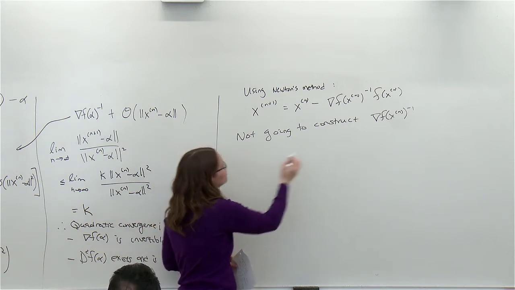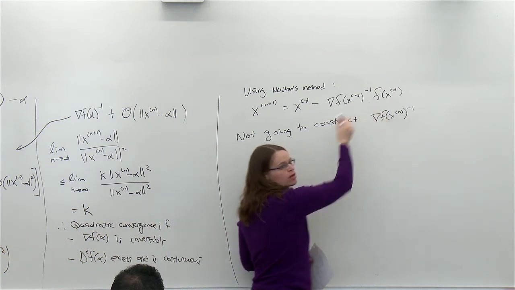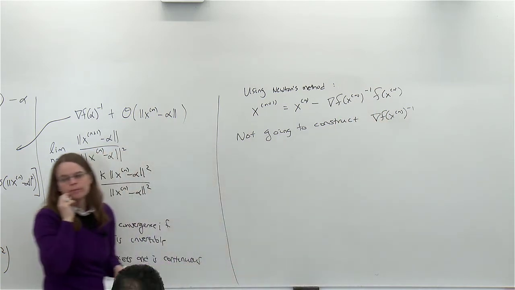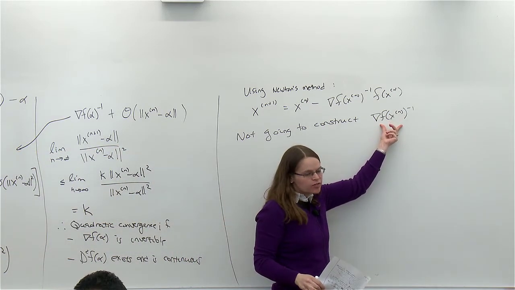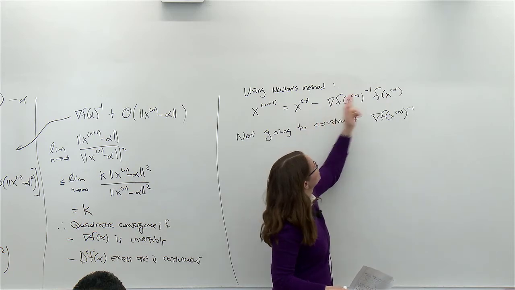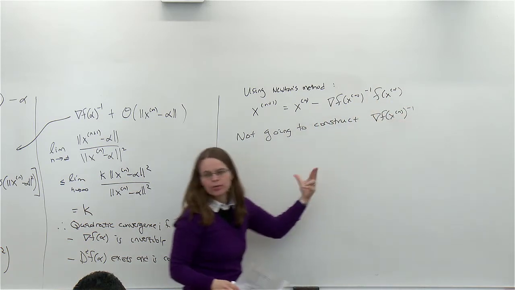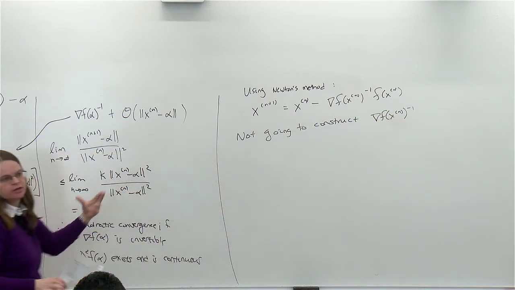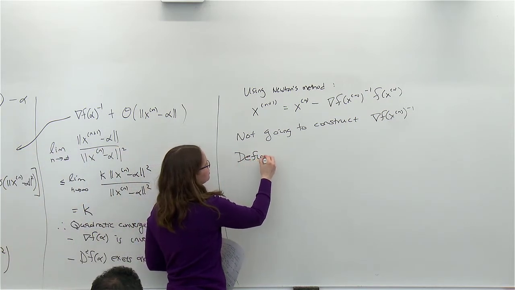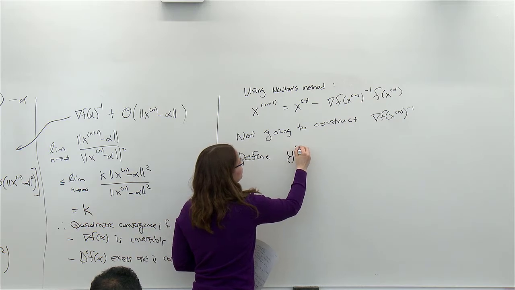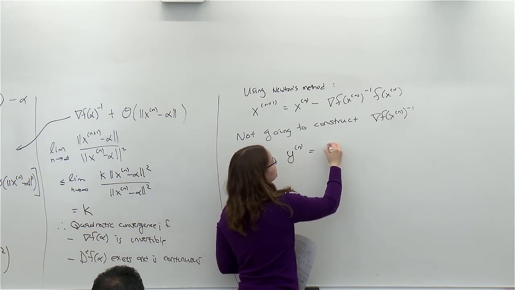So let's look at this term and see how we can compute this term as a whole, because we never actually need this inverse. We need the product of this inverse with f. So we just need a way of computing that product. Let's define y_n to be this product.